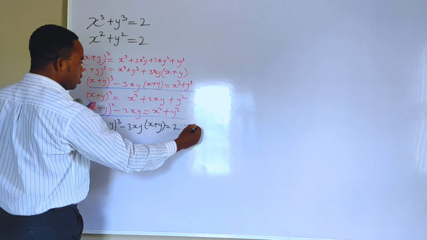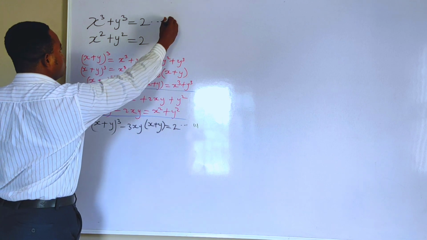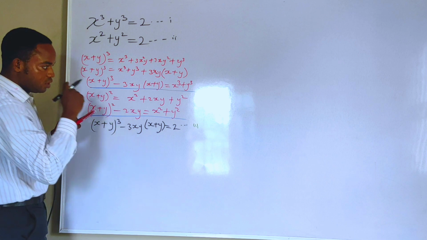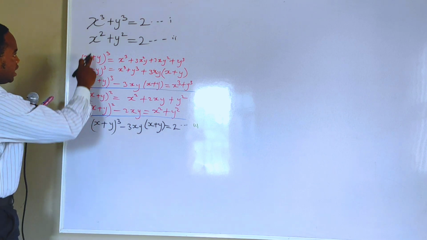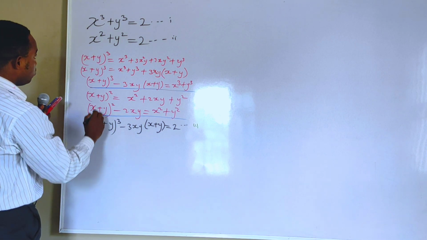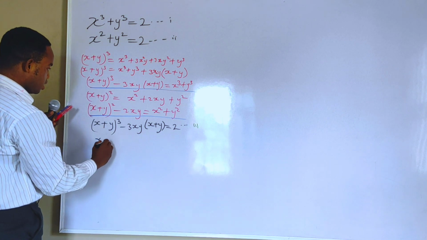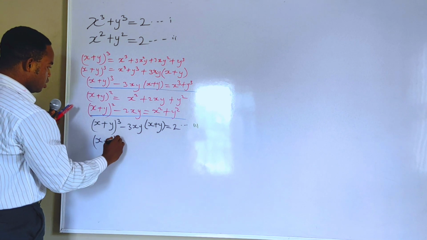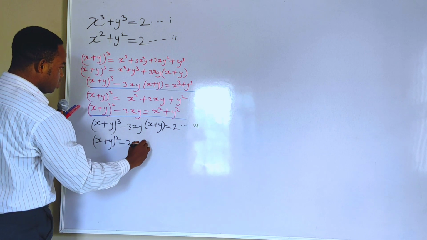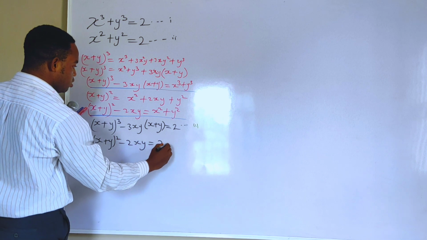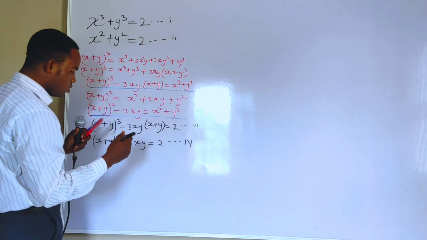Let's call this equation 3. We should call this one equation 1, and this one equation 2. Now the second one, which used to be x raised to power 2 plus y raised to power 2, becomes x plus y raised to power 2 minus 2xy equals 2 as well. Let's call this one equation 4.